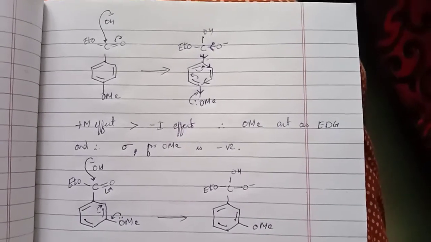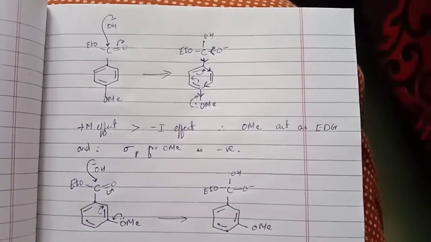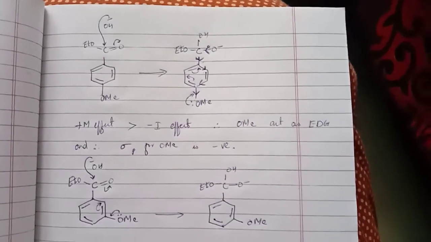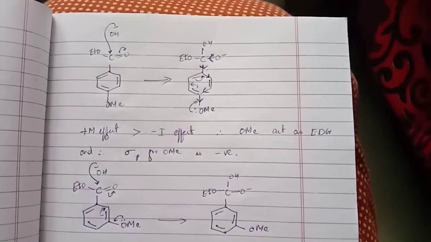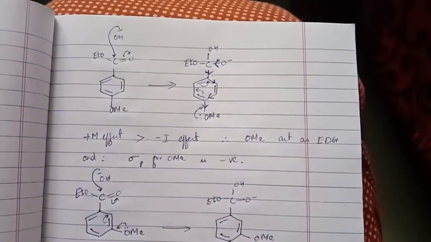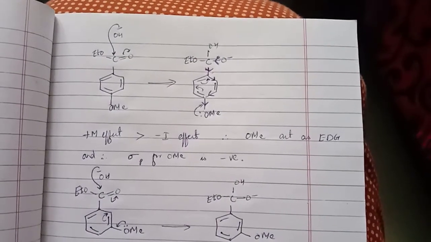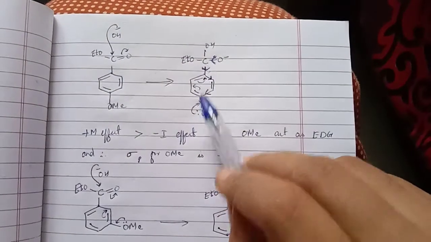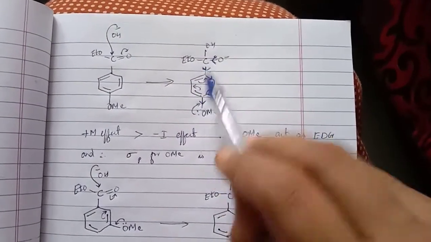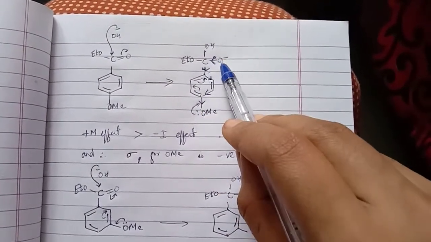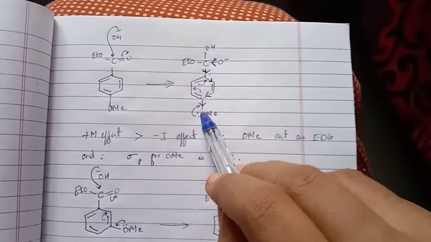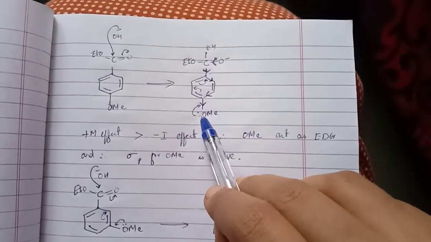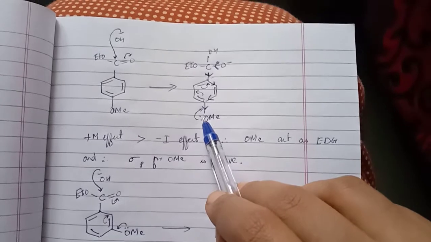And which effect is more prominent? That is the question. Here the plus M effect is more prominent, because the I effect diminishes with distance from the reaction center. OMe is more distant from this oxygen. Having this much distance, the minus I effect will be less prominent.